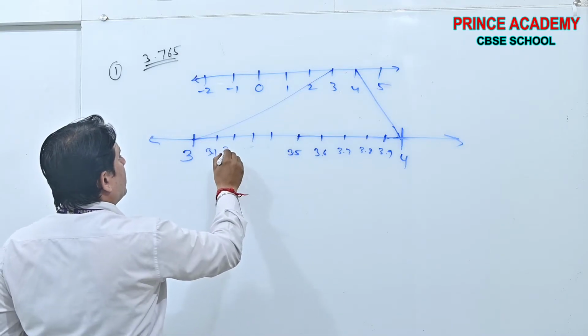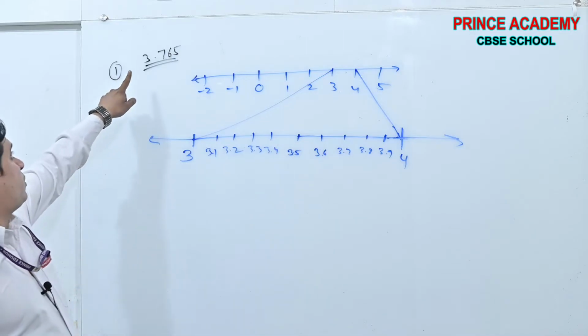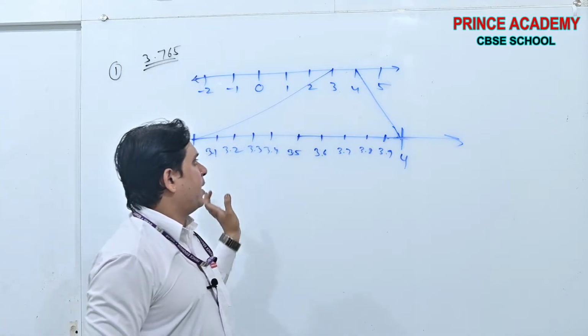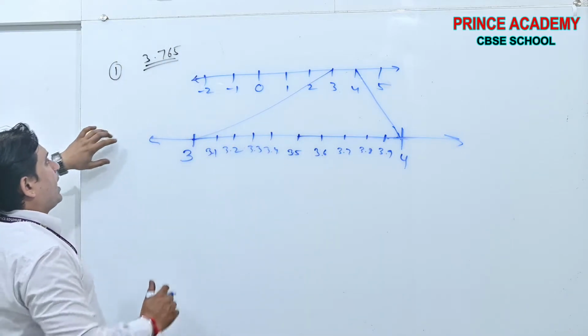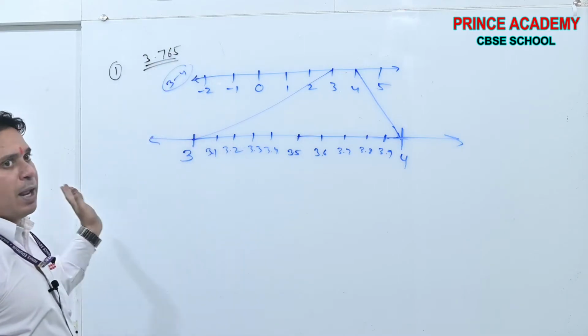What I am doing here? 3.2, 3.3, 3.4. Okay. Now see. 3.7 is in between this and this. Okay. First of all, 3 to 4, the 3.7 was. Now consider next.